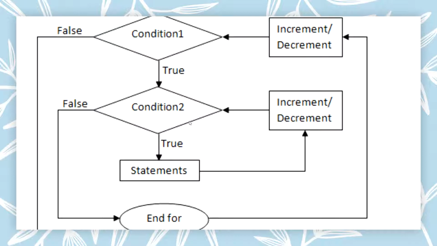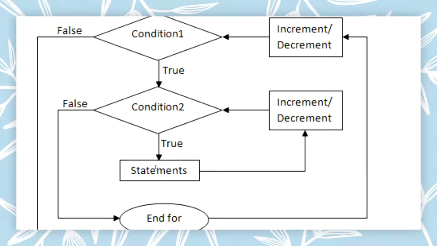First 1 will be printed, then this statement would be executed, and then the increment or decrement would happen. Then it again checks the condition. If the condition is true, it is going to print this statement again. Then the increment would happen, and it prints 3, it prints 4, and it prints 5.